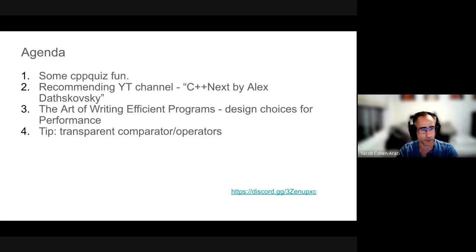So we'll have a recommendation on his channel. Then I picked something from The Art of Writing Efficient Programs. If we have time, I'm going to discuss a tip about the transparent comparator and operators that you should be familiar with. If not, that's good. You'll be familiar with that at the end of the session. It's very important performance-wise, and also for hidden bugs that you can avoid.